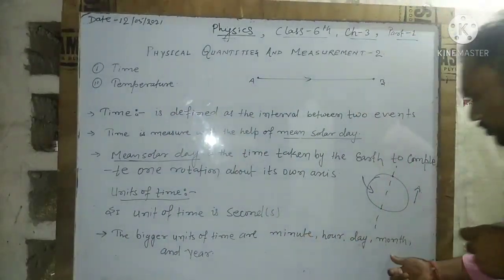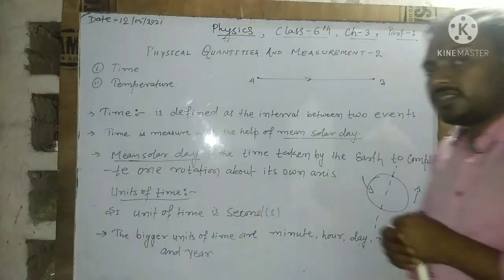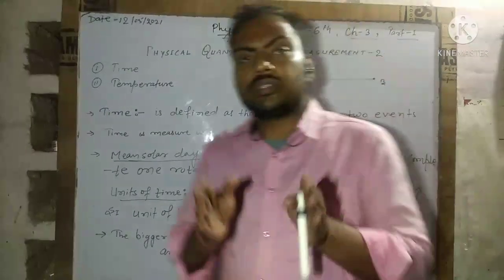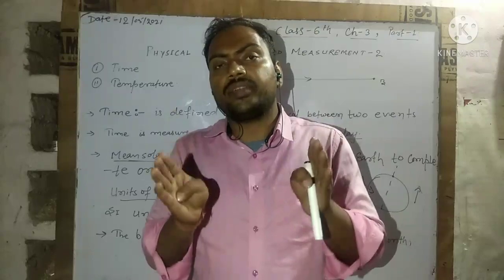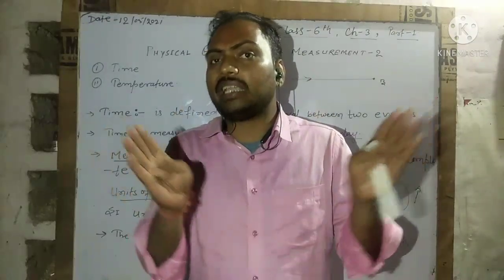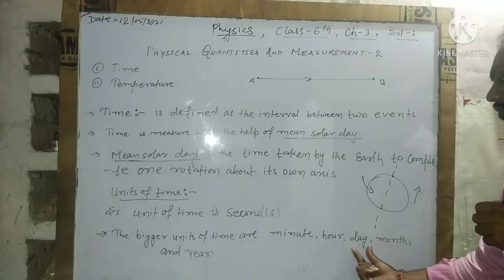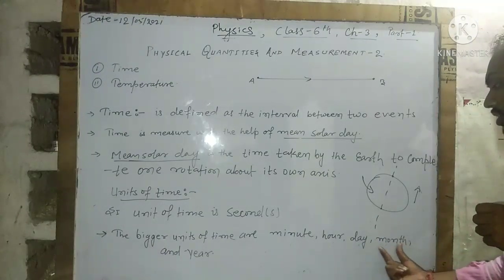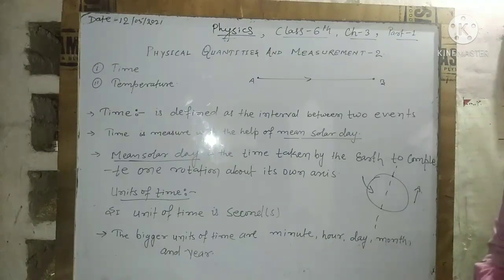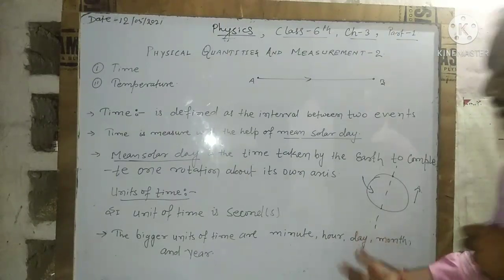These months are divided into 30 small events, that is called a day.